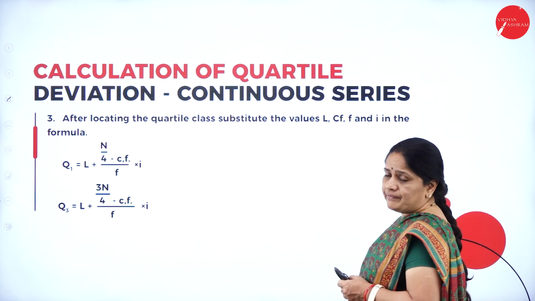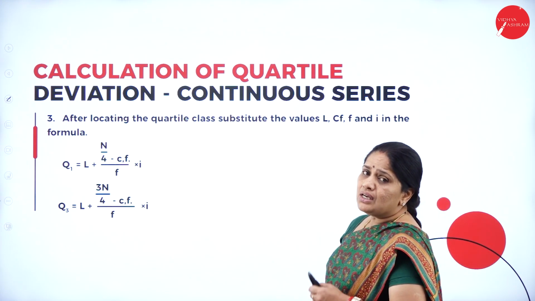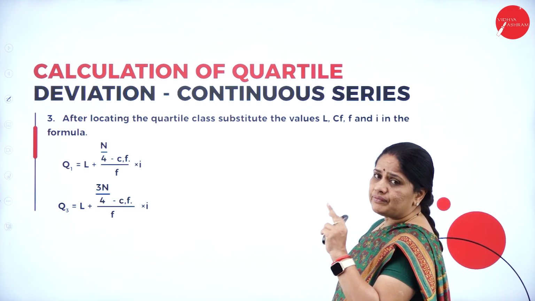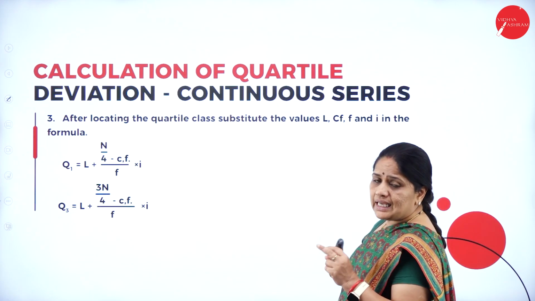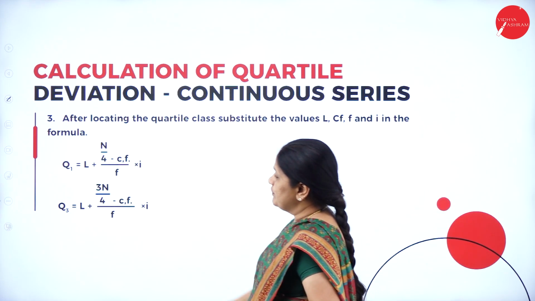Now for the discrete series, we had a different formula. So we used the (n plus 1) by 4th item as Q1 and the 3 times (n plus 1) by 4th item as Q3. But here we have a different formula.